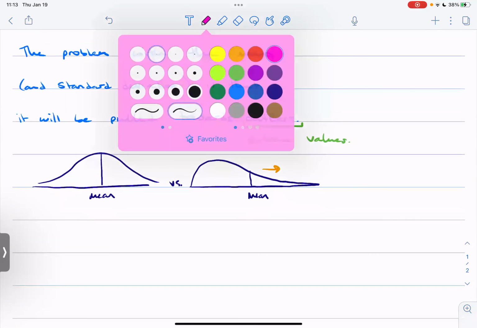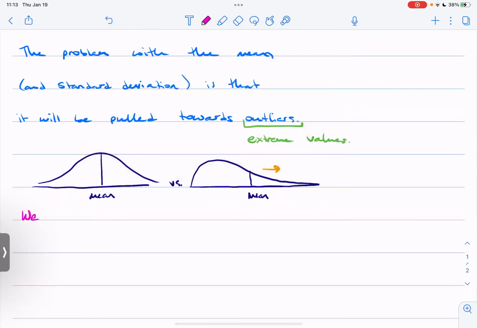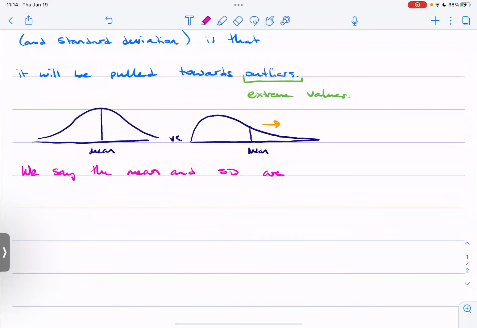And so we say the mean and standard deviation are not robust to outliers.